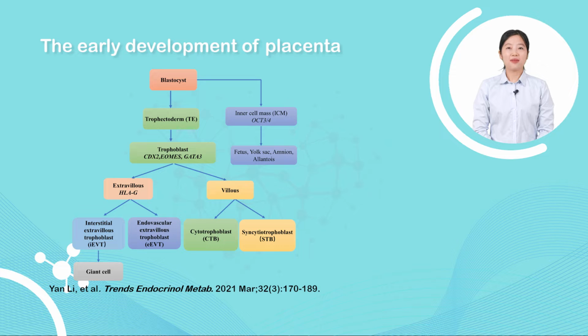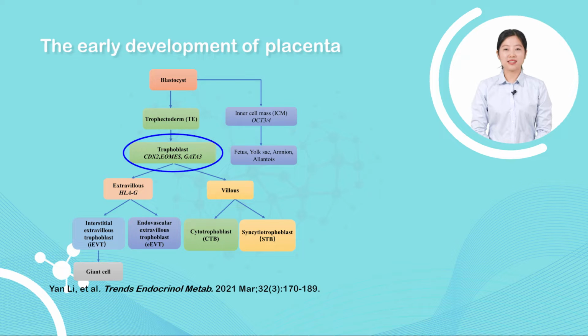In brief, the placenta develops from the layer of cells on the outer part of the embryo called trophoblasts. These cells on the outside are able to differentiate into both multinucleated syncytial trophoblasts that secrete HCG and invasive extravillous trophoblasts, which express HLA-G on their surface, and finally form the placenta that we see at term.